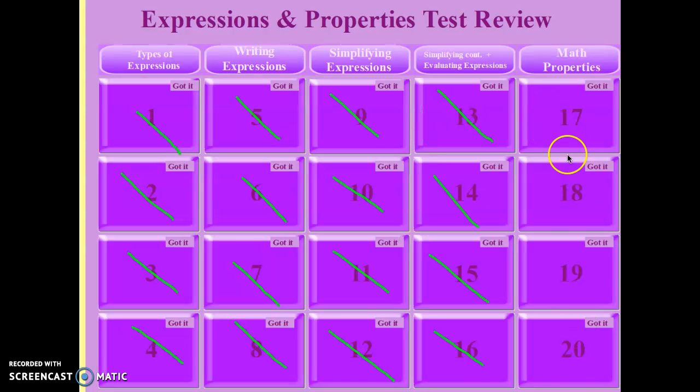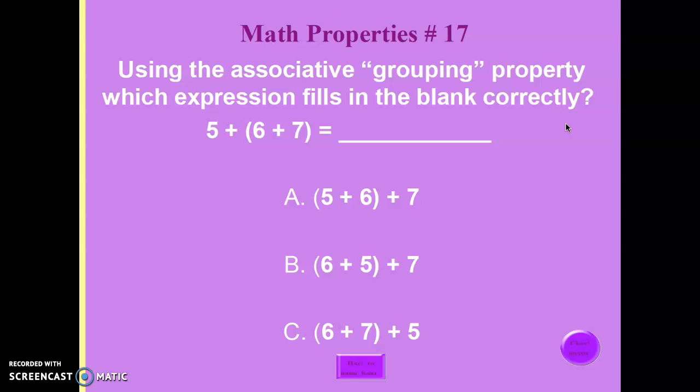So looking at 4 problems that deal with it. Using the associative grouping property, which one fills in the blank correctly? Remember we talked about grouping: the order of our numbers stays the same, and just the grouping or parentheses goes around a different couple. So if we take a look at our options down here, the first thing we need to look at is that the order of our numbers stays the same. A is an option, 5, 6, 7 is the order.